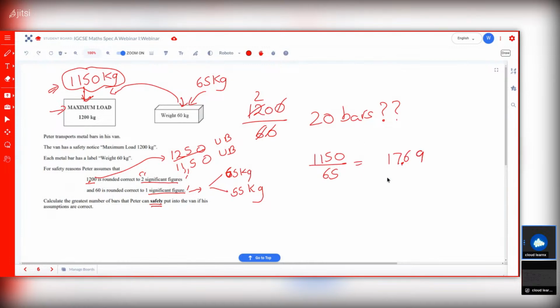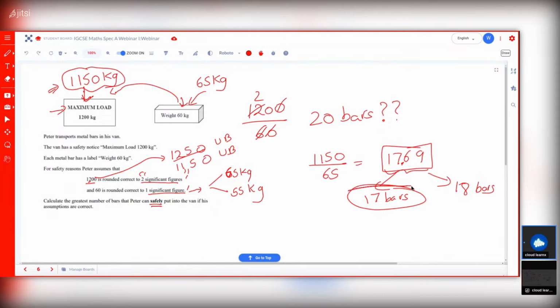So now again, something else to do for us. Do we round up? Do we round down? Do we say 18 bars, or do we say 17 bars? Seems like if you were to round it, it'll be 18. But the actual answer is 17, because 17 was the limit, the number of bars you can carry. You don't want to overshoot that. That's a risk.